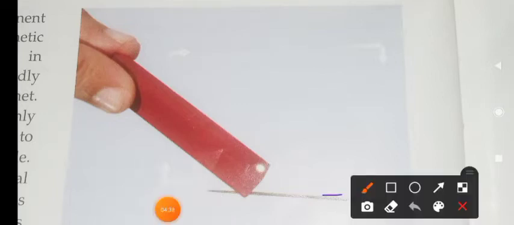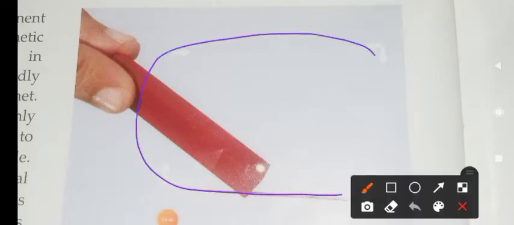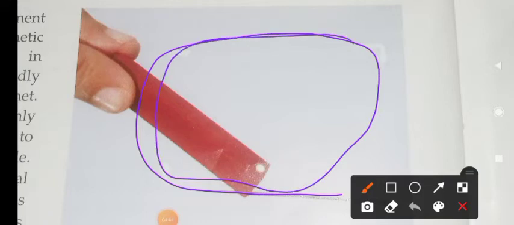You should take care that the magnet moves only in one direction. When it is in contact with the needle, it is lifted and taken to the initial position for the next stroke. When you start from the right side of the needle, you should travel in this direction alone. The direction should not change.